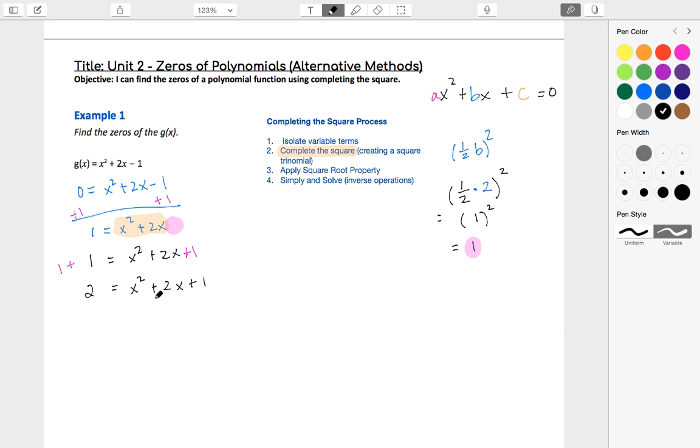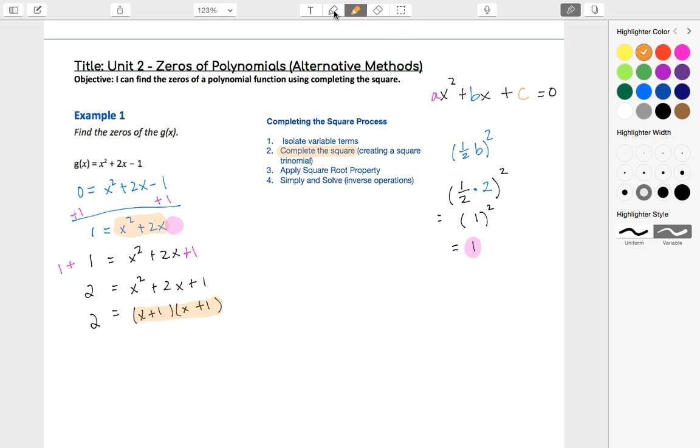Once we have this, we can simplify this trinomial and get 2 binomials by using the box method. And when you do this, you'll notice that you'll get x plus 1 times x plus 1 is equal to 2. Now, what's really important for this piece is realizing that we have 2 binomials that are the same.